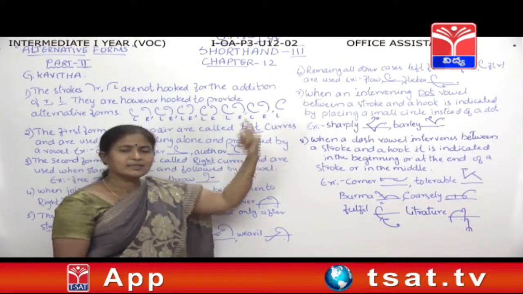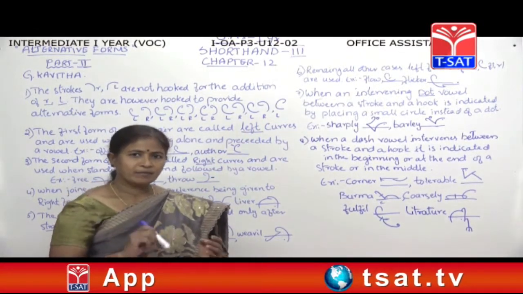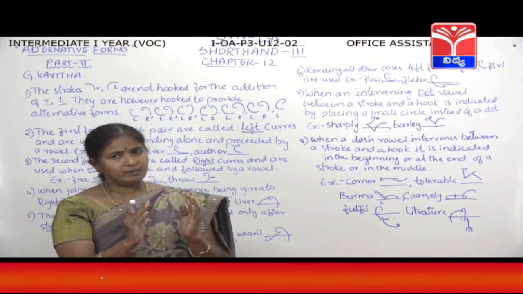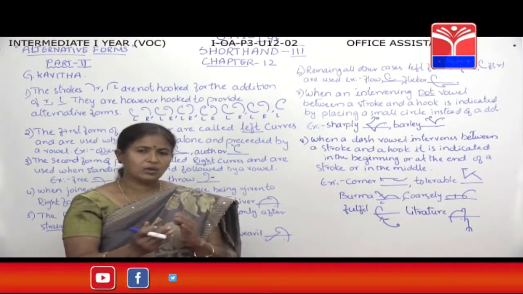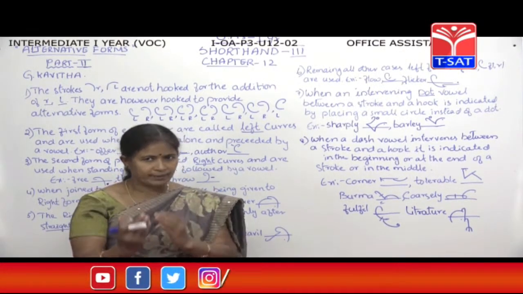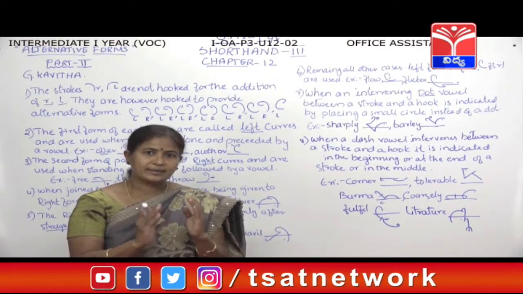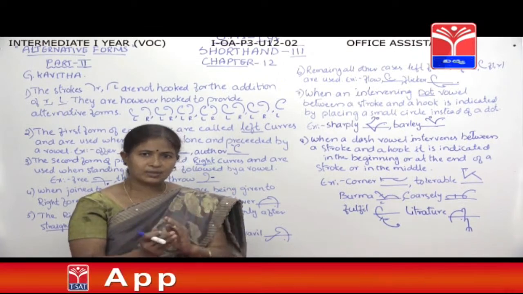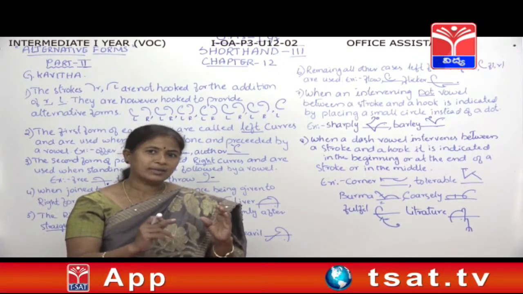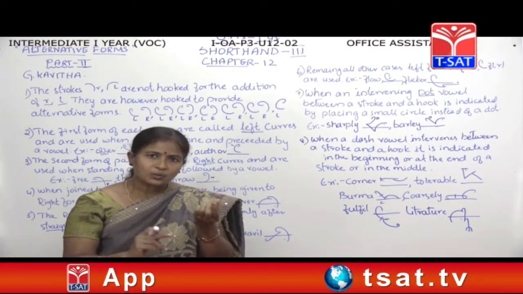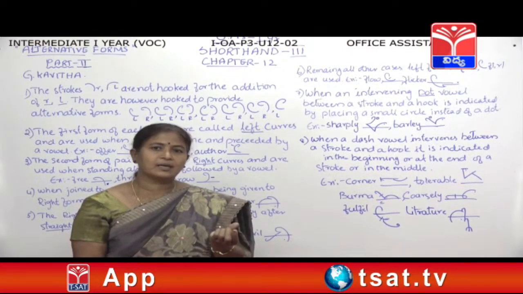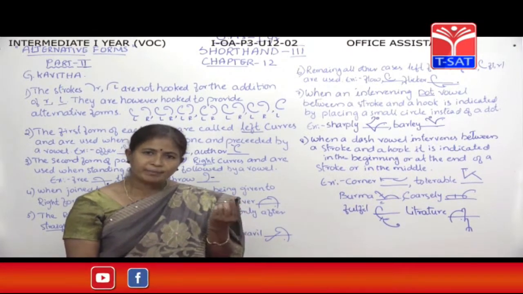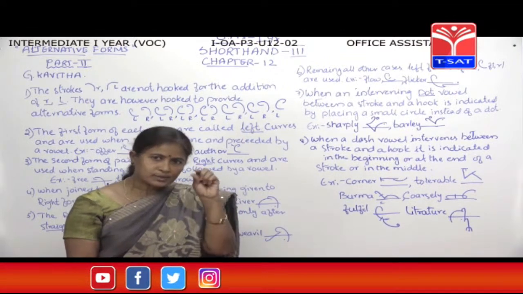Okay. Then, suppose an intervening vowel comes, either a dot vowel or dash vowel, first place vowel or third place vowel, intervenes, that is, comes in the middle. In the middle of what? Between a stroke and a hook. If any dot vowel or dash vowel comes, how do we place it? Do we place a vowel to the hooks?